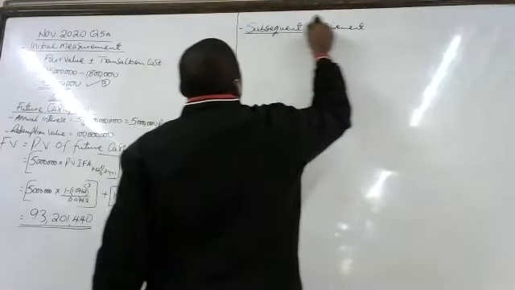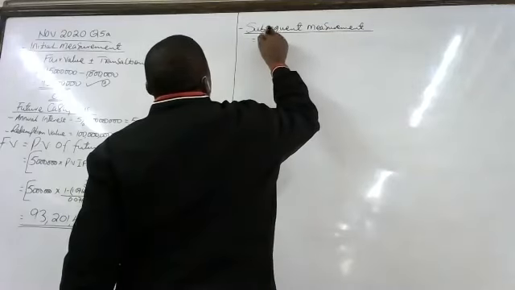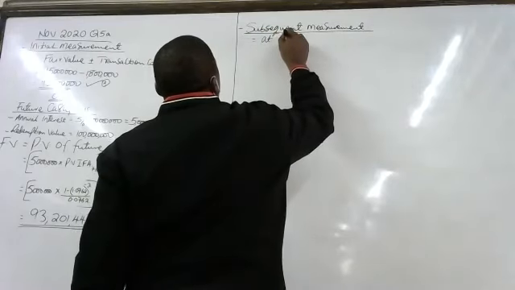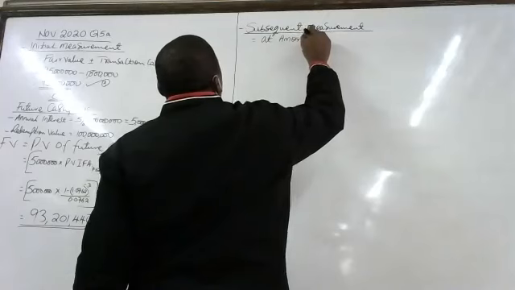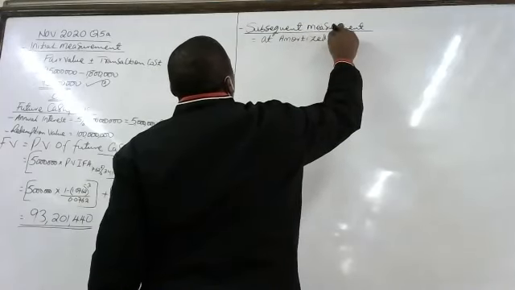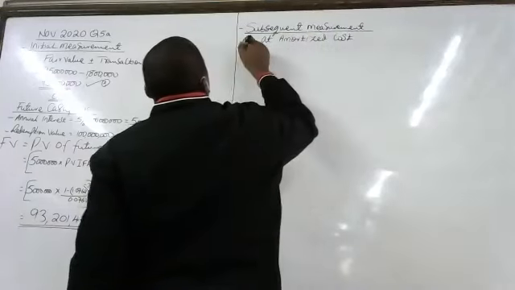Subsequent measurement is at amortized cost. So what do we mean by amortized cost?